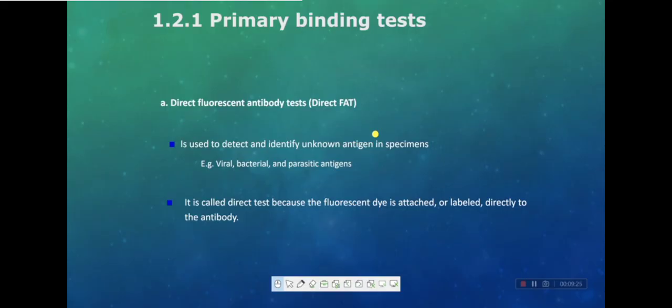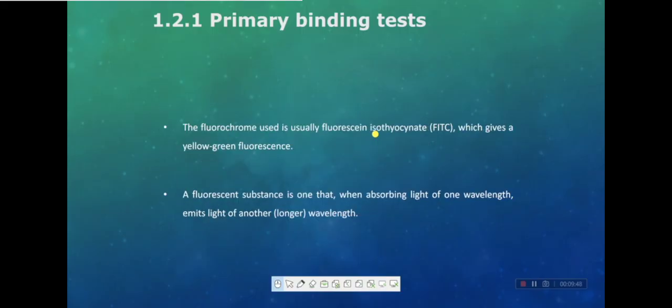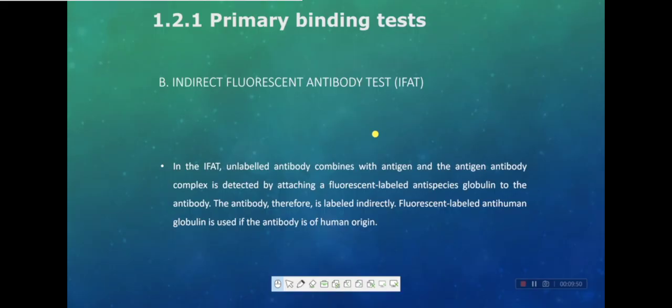The fluorochrome dye which is usually used is fluorescein isothiocyanate, which gives a yellowish green fluorescence. So the fluorescent substance is one that, when absorbing light of one wavelength, emits light of another longer wavelength. So this is how the direct fluorescent antibody tests are performed.